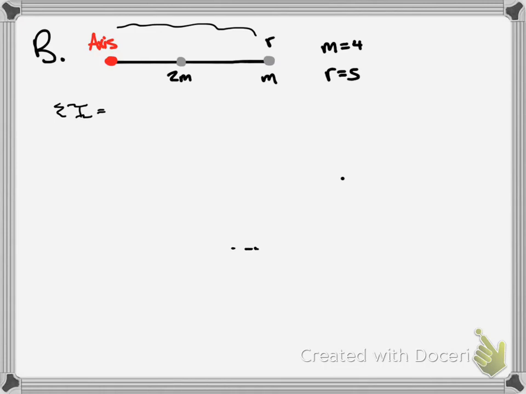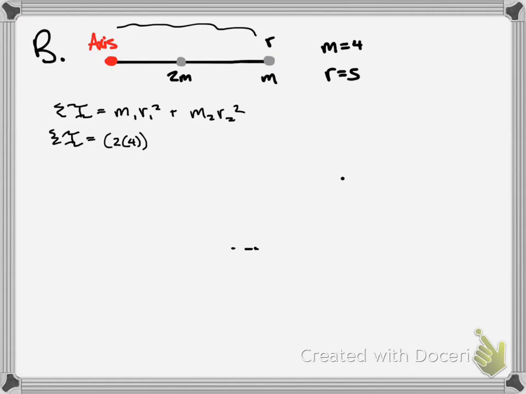Okay, so we know that the equation for net inertia is equal to m1 r1 squared plus m2 r2 squared. So just plug in the values that we know. We know that m1 is 2m, and since m is 4, that means that m1 is 2 multiplied by 4.